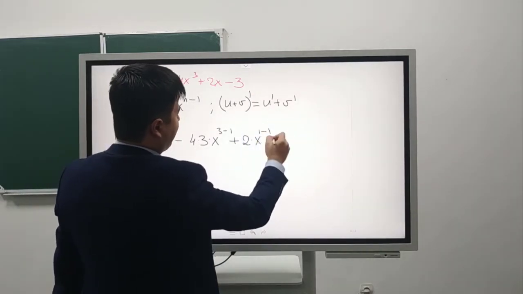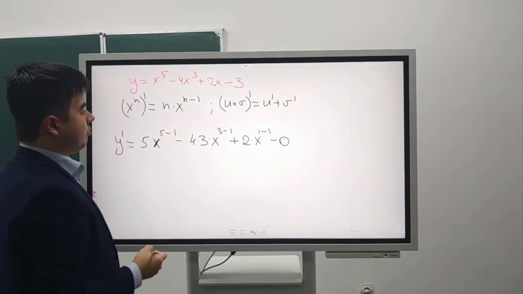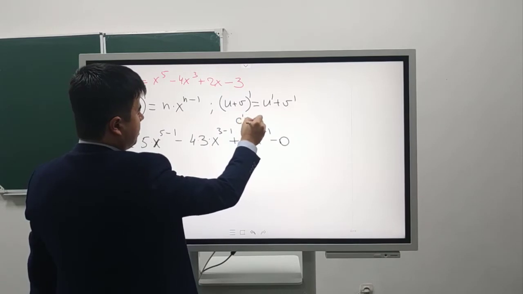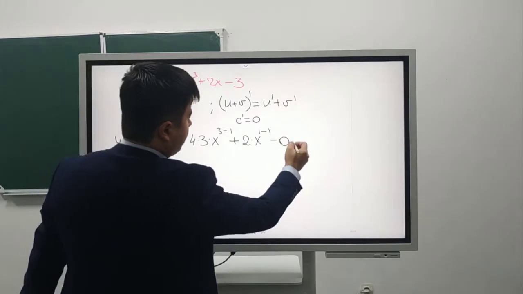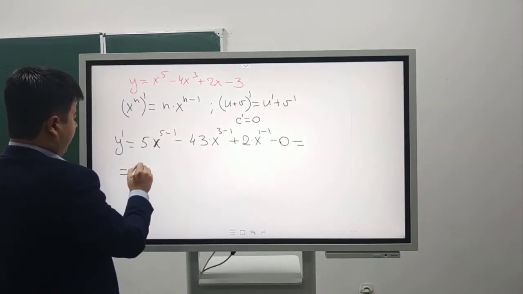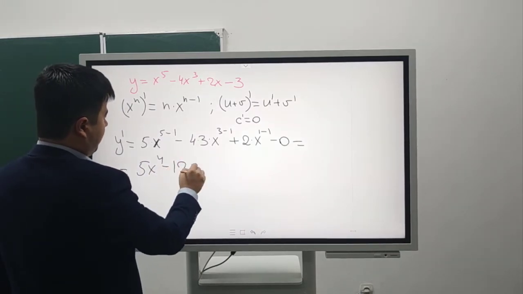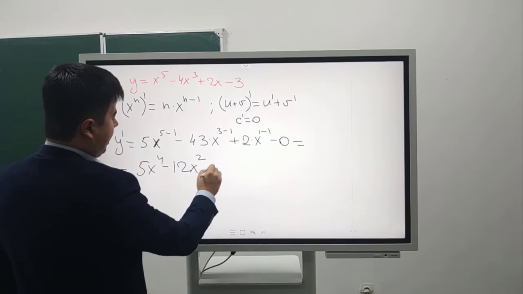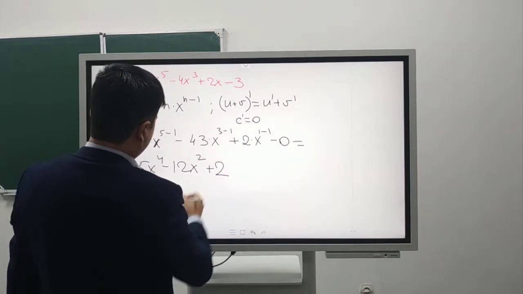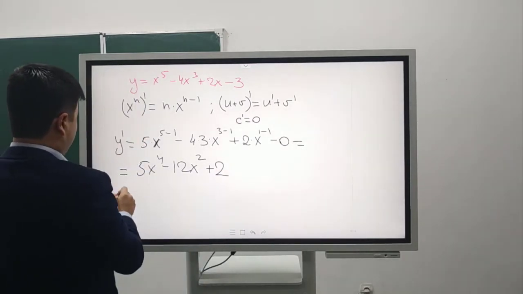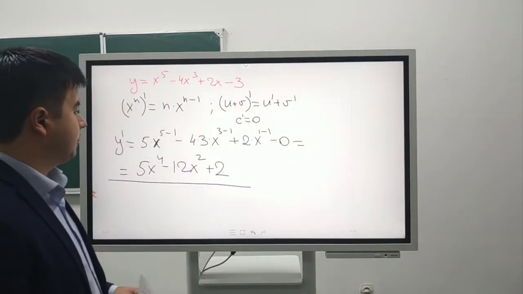And here we have just 0, because the derivative of the constant is 0. So if we continue, here we have 5x fourth degree minus 12x second degree plus 2, just because here x to the 1 minus 1 is the 0 power. So this is the answer of our example. This is derivative of our function.